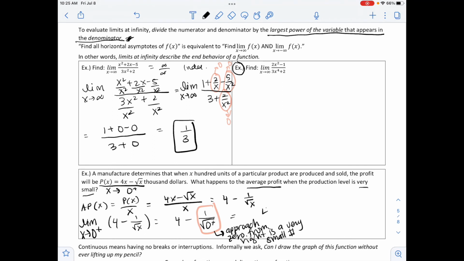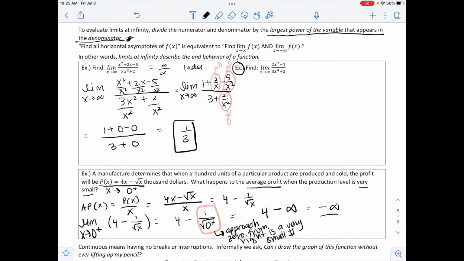So this would be 4 minus something very, very, very small in our denominator. So 1 divided by something very, very, very small would actually create something very large. And so this would be something like infinity. And then 4 minus infinity, the 4 is not important as compared to infinity. So that we can say this is just equal to negative infinity.